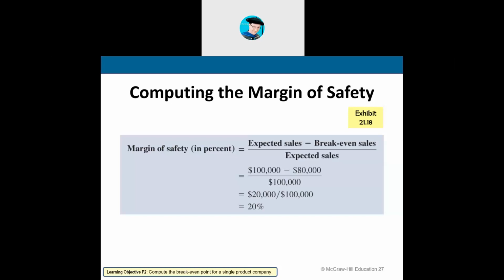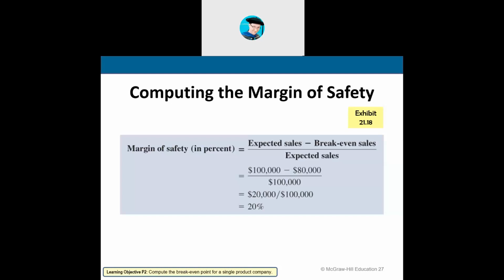So we estimate our sales, how much we expect to sell. In this example, we expect to sell $100,000 minus our break-even sales of 80,000. Remember, I need to sell 80,000 a month to break even.